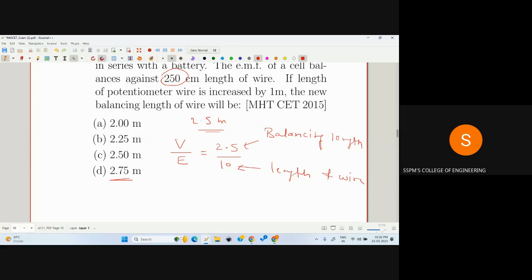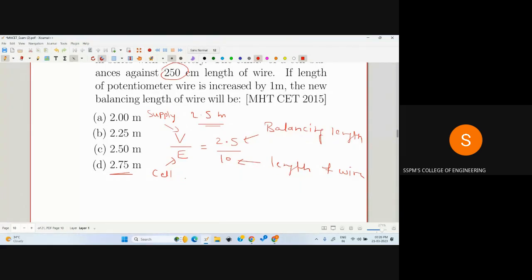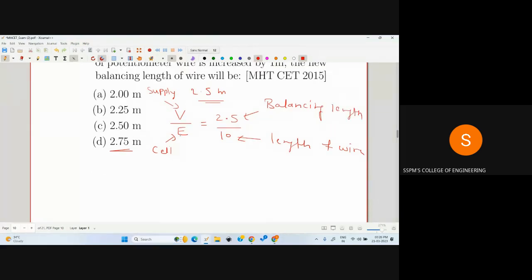And what is V? V is a supply voltage. V is a supply and E is a cell, battery cell connected to the potentiometer. आता काय केलंय सेकंड केस मध्ये विदाउट चेंजिंग व्ही अँड ई काय चेंज केलेलं नाही.